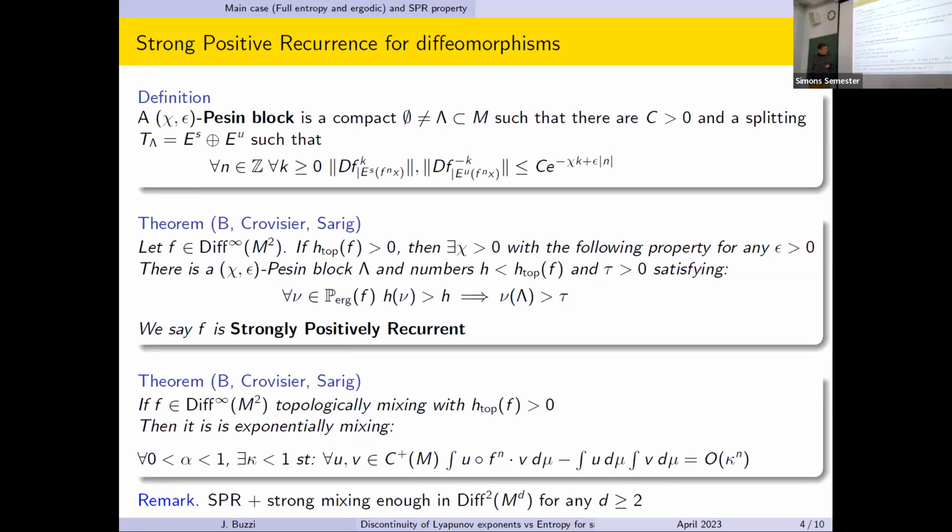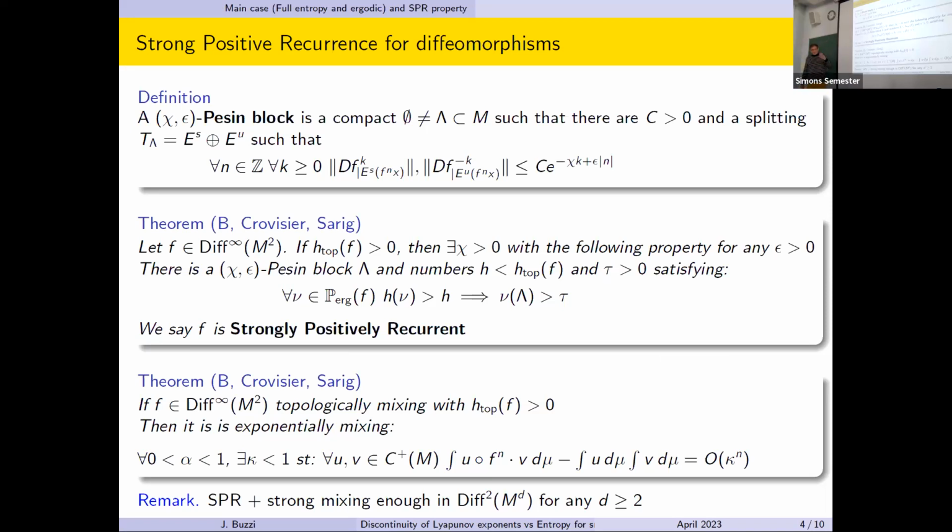And there was the question of how good this symbolic dynamics is. If you look at the value of the topological entropy, for instance, it is most of the time not a subshift of finite type. And then, how bad can it become?